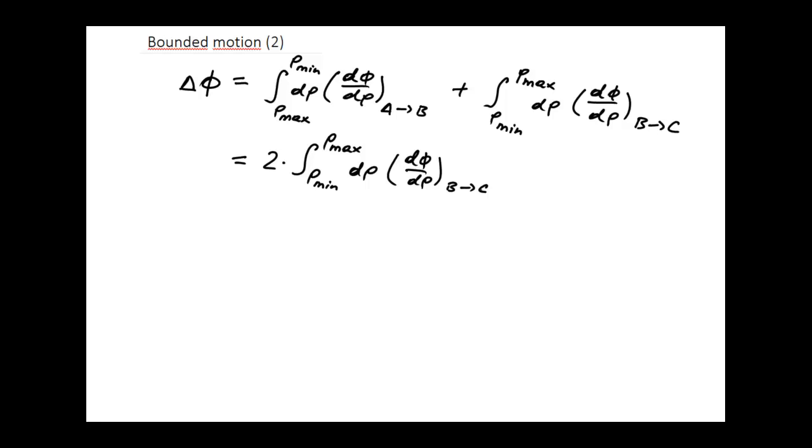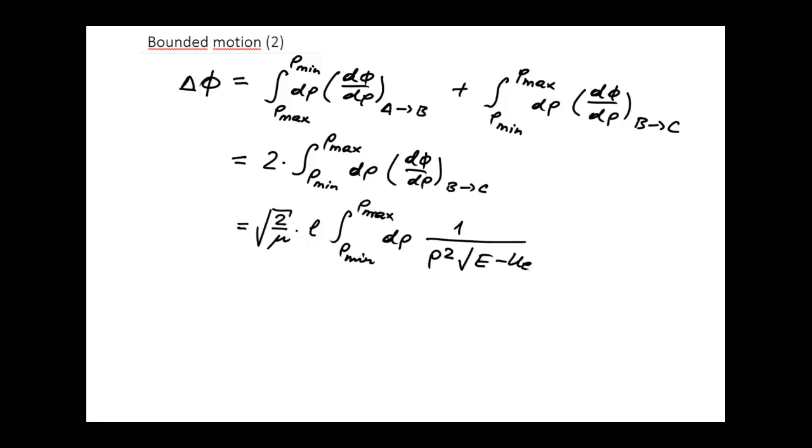We can insert the expression that we found for d phi over d rho. Together with the prefactor 2, this gives square root of 2 over mu times L, the conserved angular momentum, then the integral from rho min to rho max, d rho, and then we have 1 over rho squared square root of E minus the effective potential, which is a function of rho.